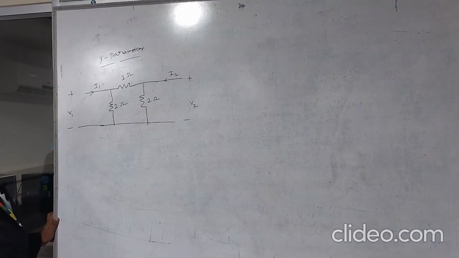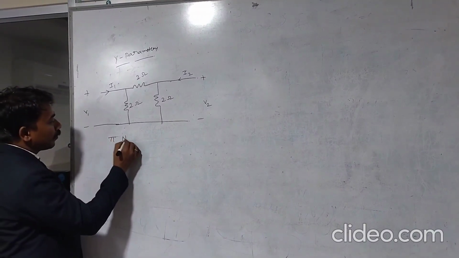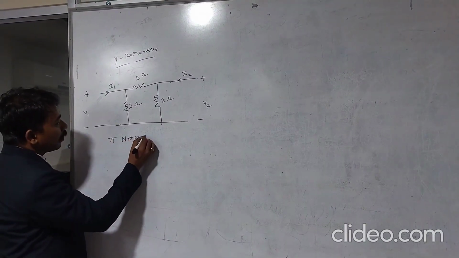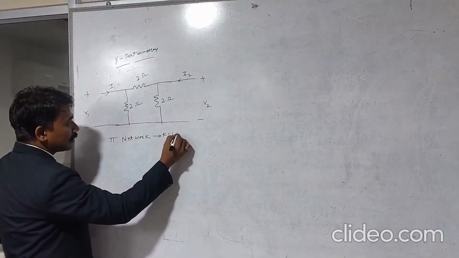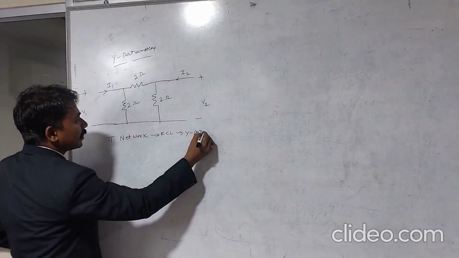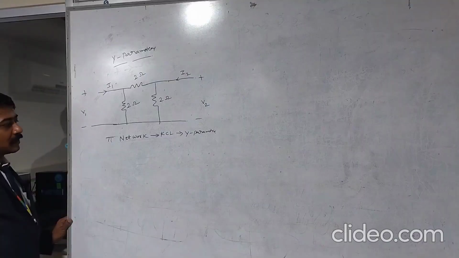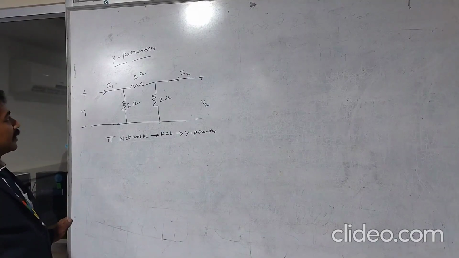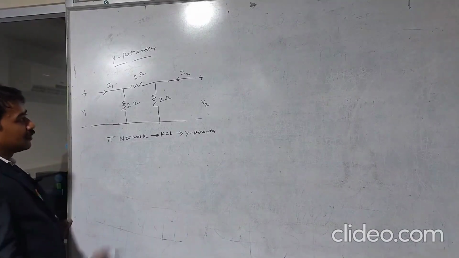By looking at the given two-port network, it belongs to a pi network. For a pi network, it is very easy and convenient to write the KCL equation, and you can determine Y parameters very easily. In the case of a T network, we apply KVL to determine the Z parameters. In the case of a pi network, we apply KCL to obtain the Y parameters.